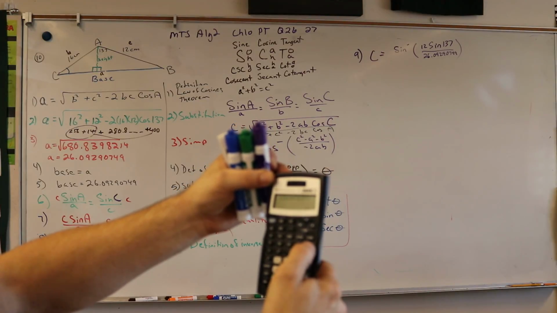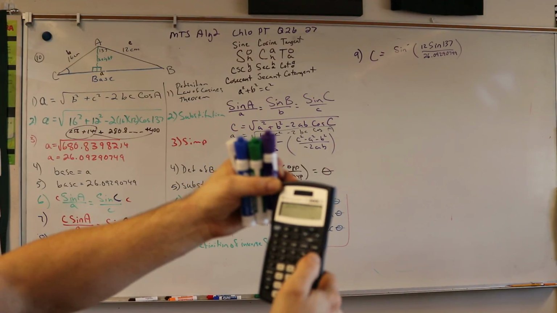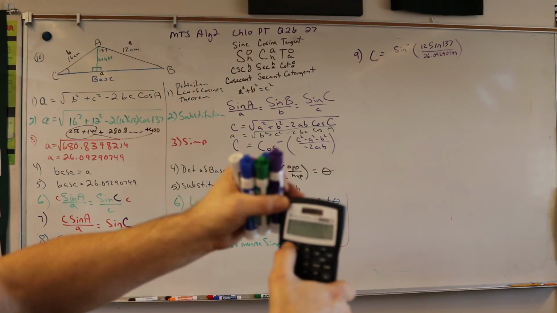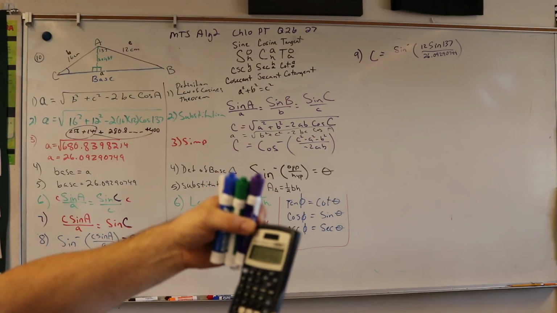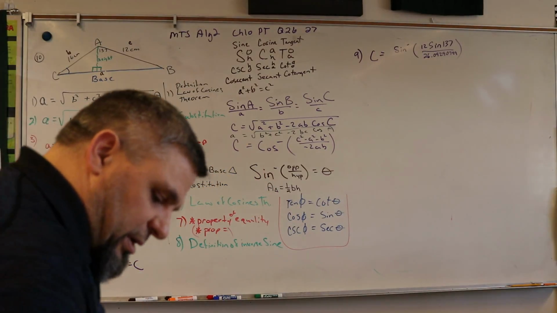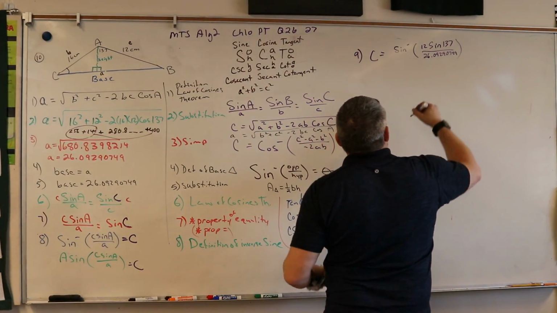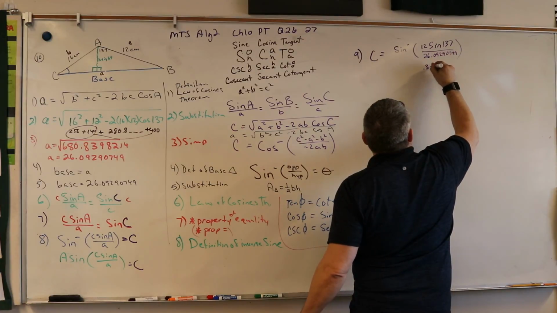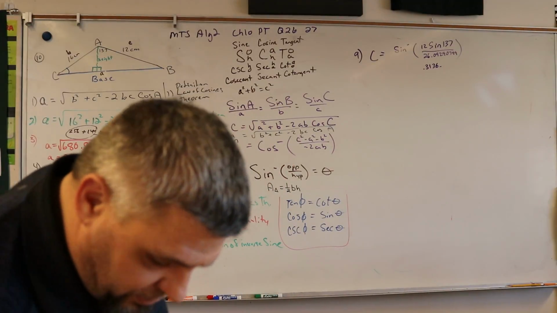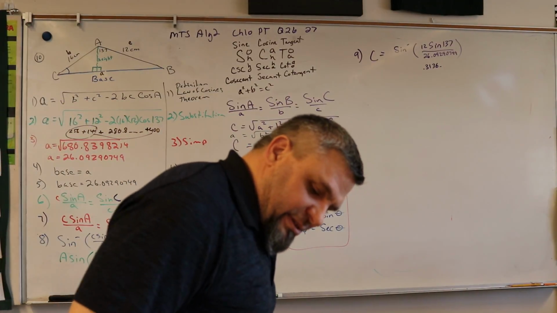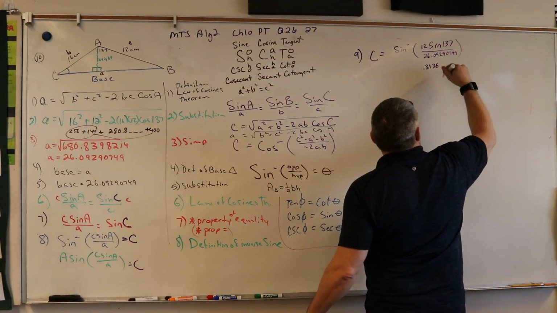And then I can say divided by the answer, and that'll give me 0.3136 47696.